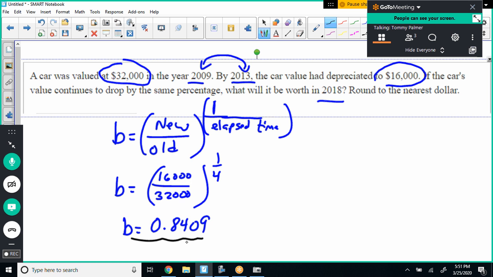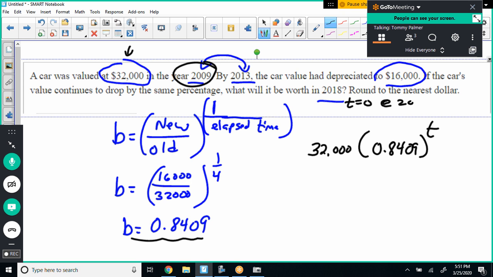So here's my base. Now I need the initial value, right? Well, it was 32,000, times 0.8409 raised to the t. Now this t is going to be time since 2009, because I'm going to say t equals 0 at 2009. So instead of putting 2018 or 2013, I'm going to say how long has it been since 2009.